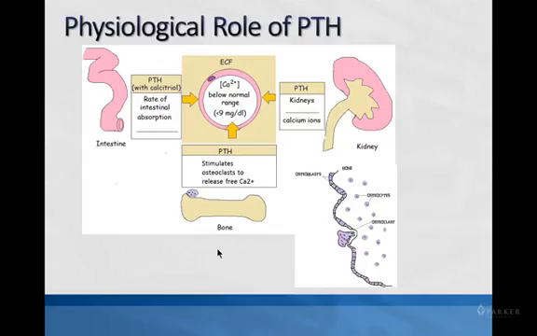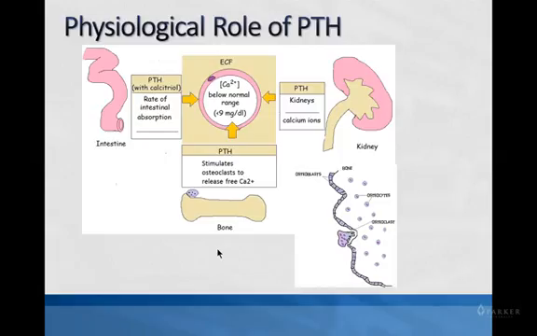It is. But it's only increased in response to the osteoblast sending a signal to the osteoclast to become more active. So the receptor for parathyroid hormone is actually within the osteoblast. When it binds to its receptor within the osteoblast, it releases a signaling molecule that causes the activity of the osteoclast to increase.